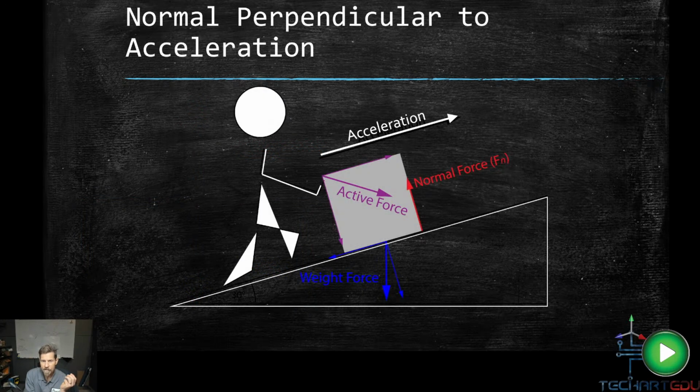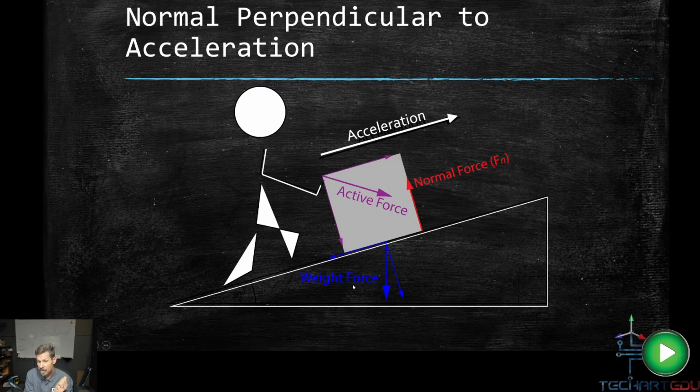Okay, and normal forces are perpendicular to the acceleration. Look here, there's the acceleration, and it is going up along the path of this incline. Now here's our active force that we're pushing against the object. Now notice this fellow, he's pushing down at an angle. So therefore we have to break this force into two other forces. And those forces are parallel with the acceleration and perpendicular to the acceleration.